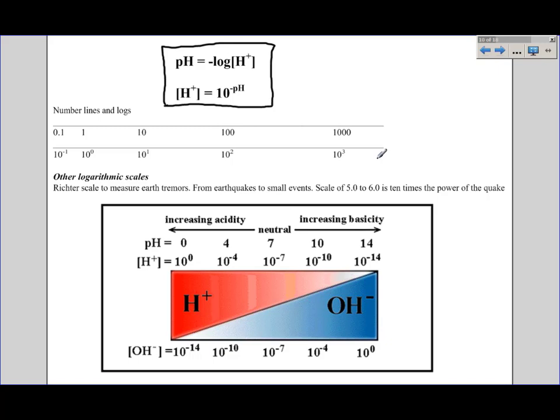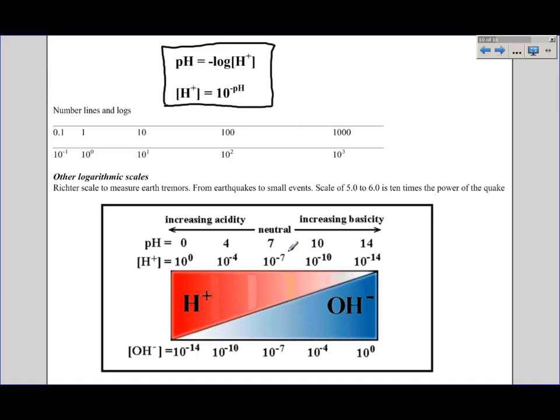This gives you a visual of when we're studying logarithms, the difference between two units. We talked about this in our previous slide. And there are other logarithmic scales, for example the Richter scale, which is also measured on a logarithmic scale. Again, why we use logarithmic scales is to study a wide range of values on a very simple scale.